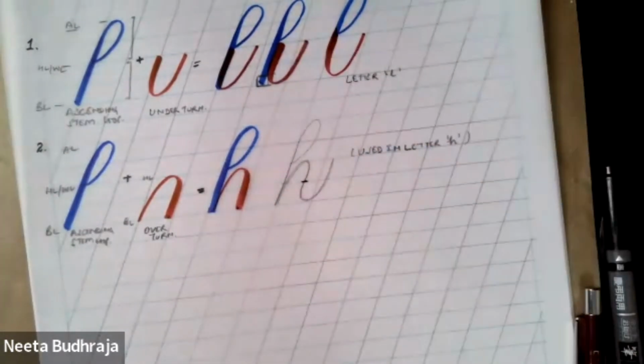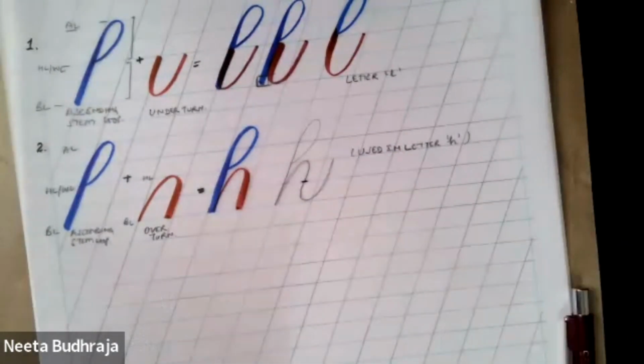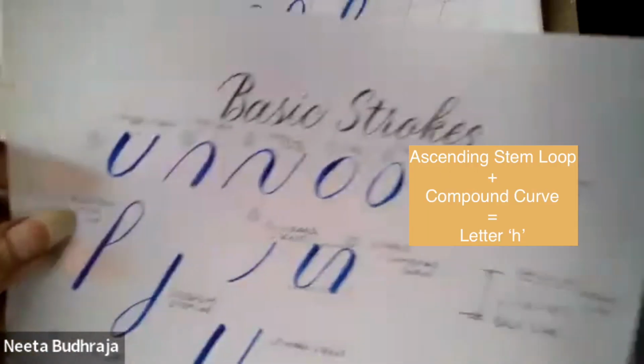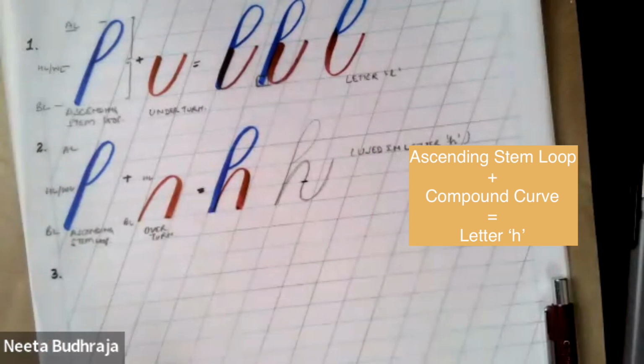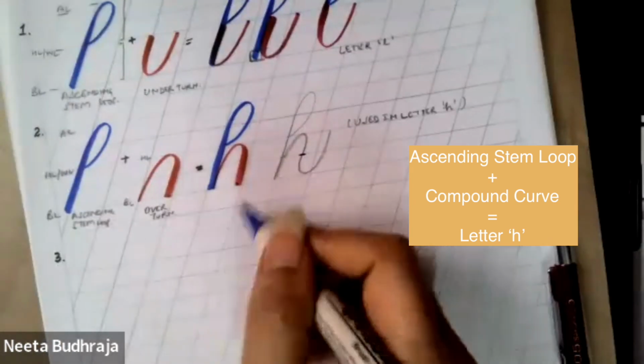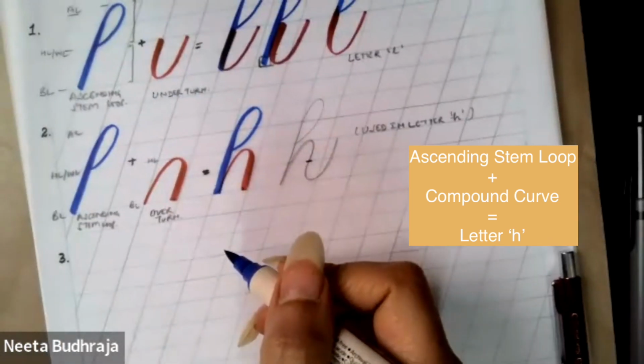Now let's have a look at another scenario, another basic stroke, that is compound curve. Yes, so this is what we were talking about, that our overturn with our underturn makes our compound curve.